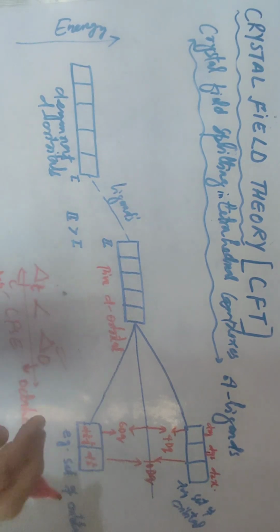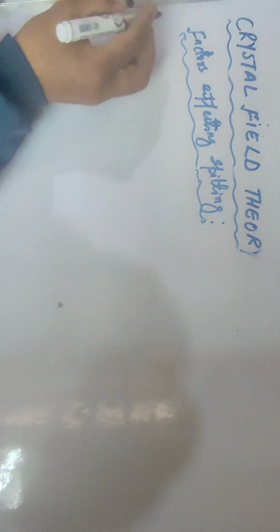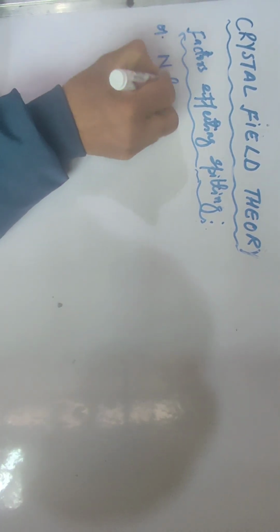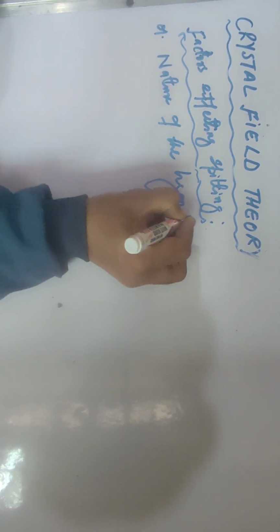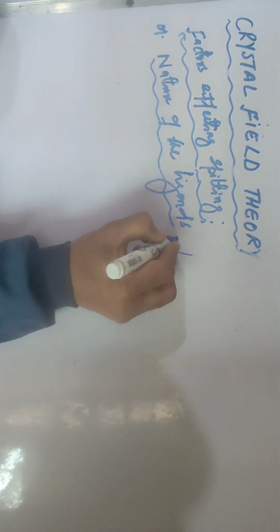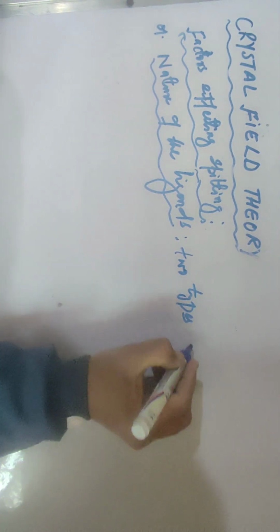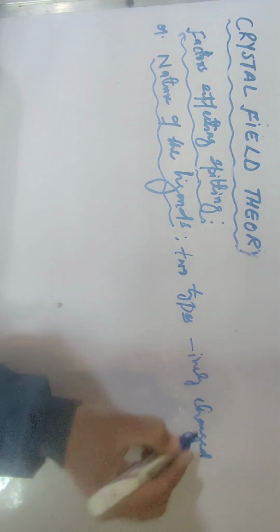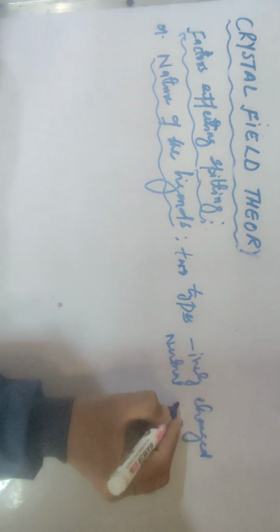Now we'll take the factors affecting the splitting of d orbitals. The first one is the nature of the ligands. We have two types of ligands, one is negatively charged ligands, the second one is neutral ligands.